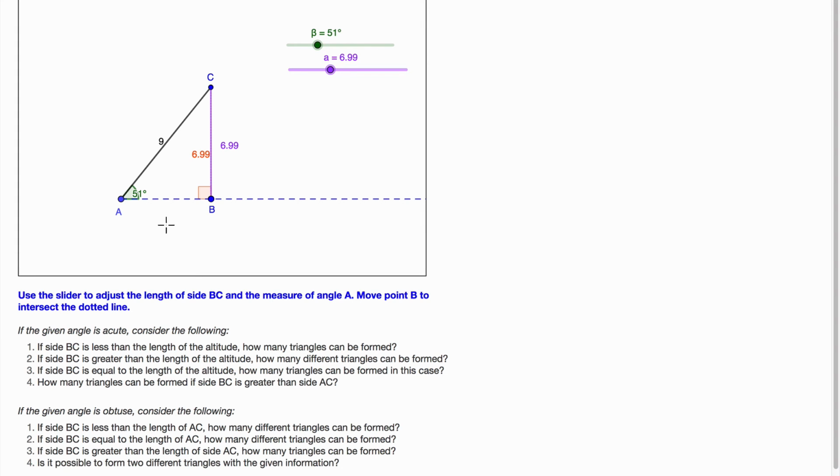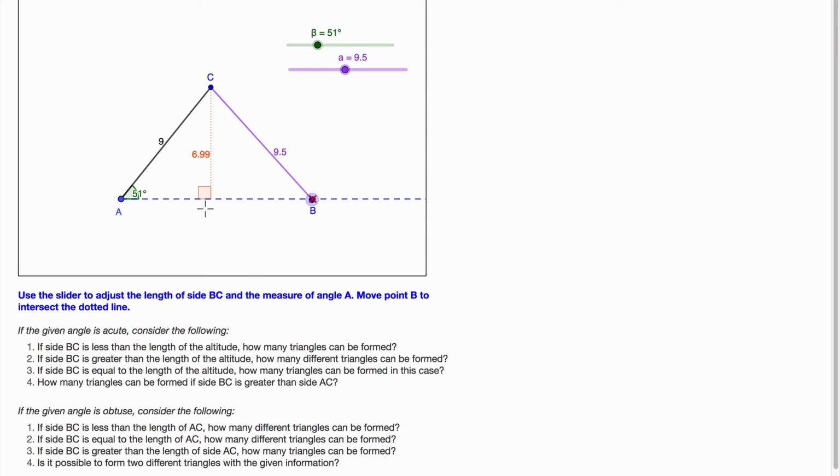Number 4 says, what if the side opposite our given measure is greater than side AC? If it's like 9.5, we can see that it's only going to form one triangle. It'll hit here, but if we try to swing it past to see if it will hit this side anywhere else, it's going to swing past the other point and won't close our figure again. So there will be just one triangle in this situation.